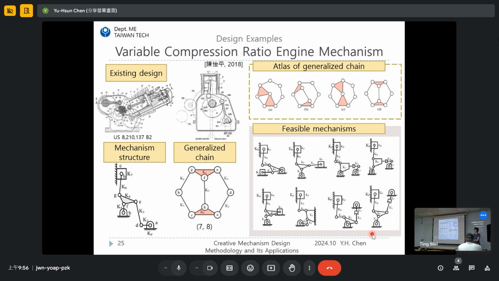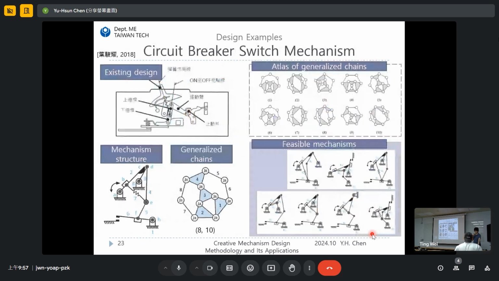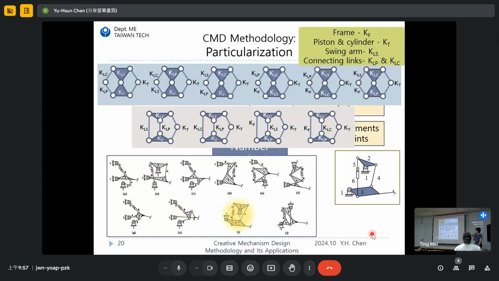Professor Chen, I have a quick question. Sure. I get a little confused because you show a gear joint has 2 degrees of freedom. Why are there 2 degrees of freedom? Okay, let me show you an example.